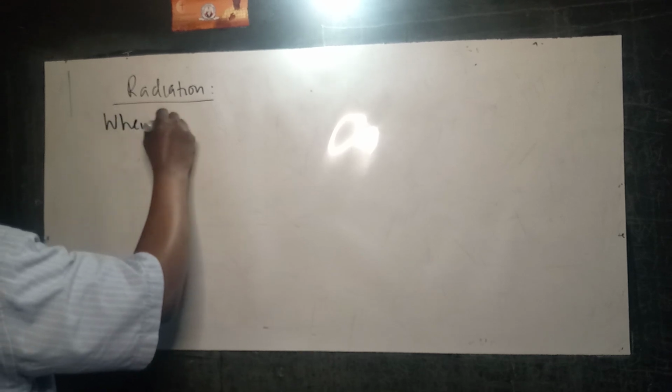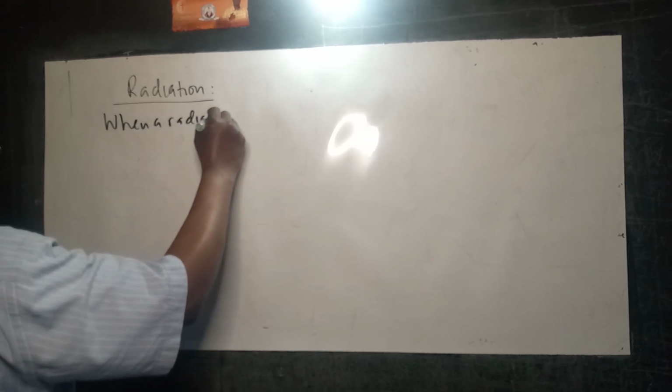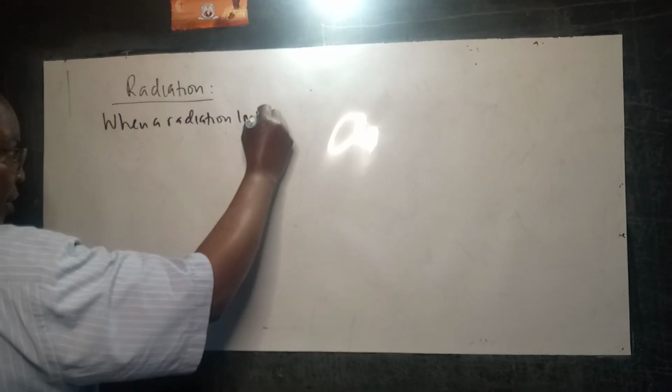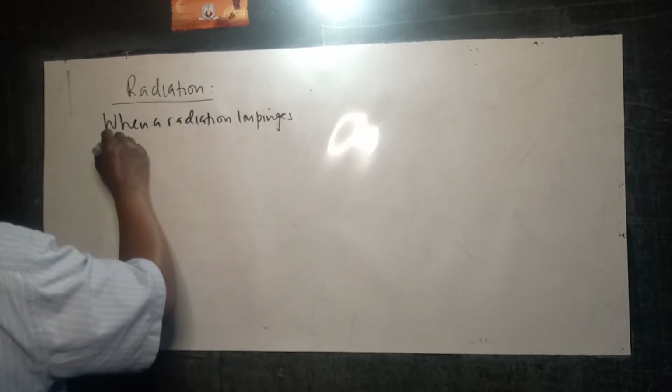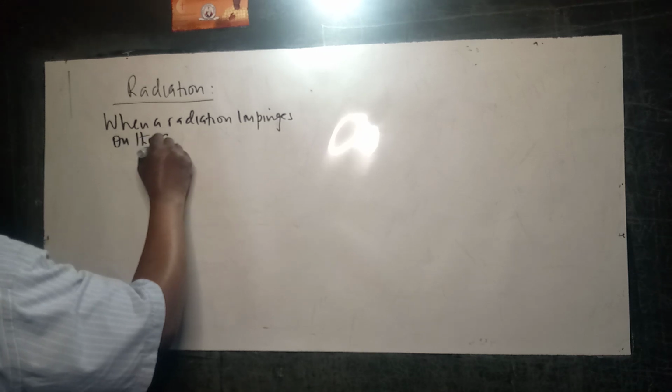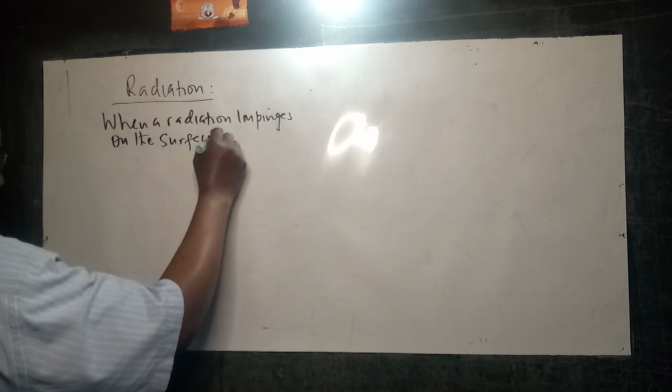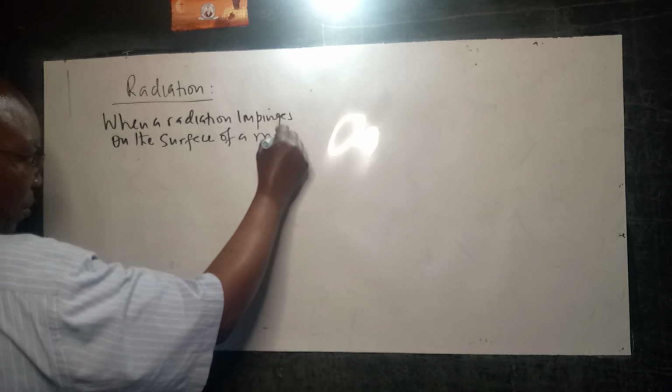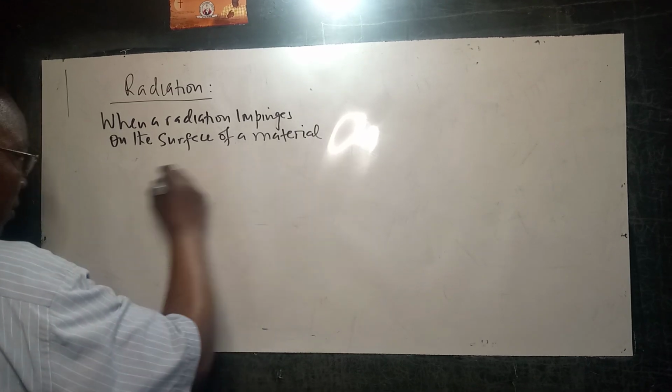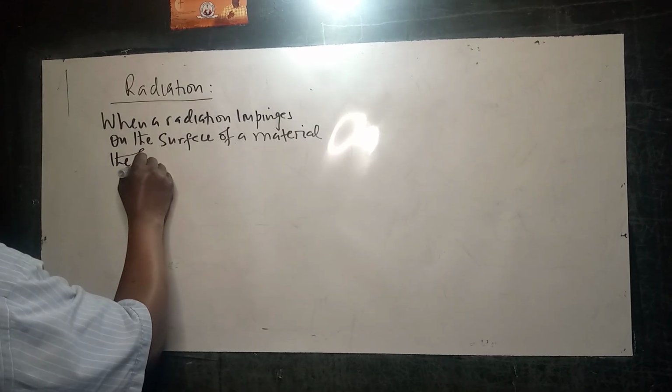That is, when a radiation impinges on the surface of a material, the following can happen.